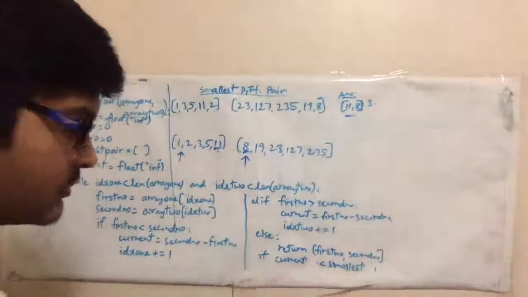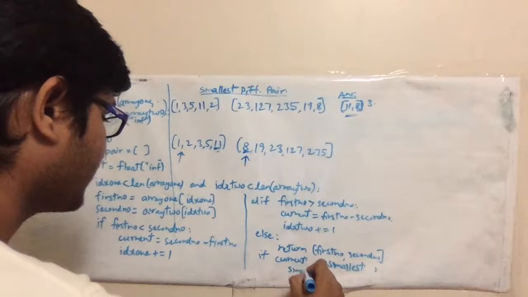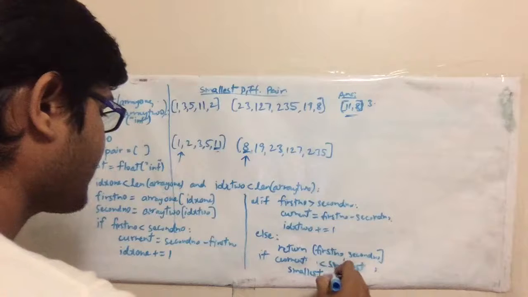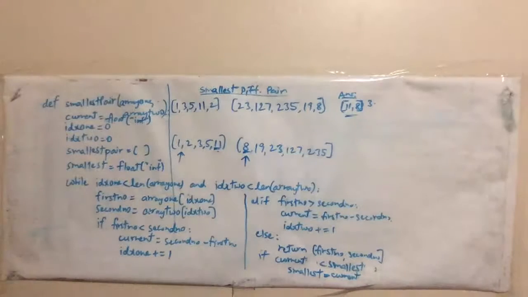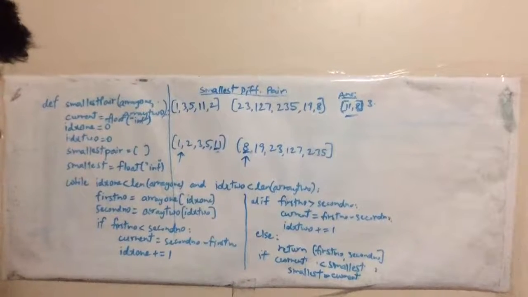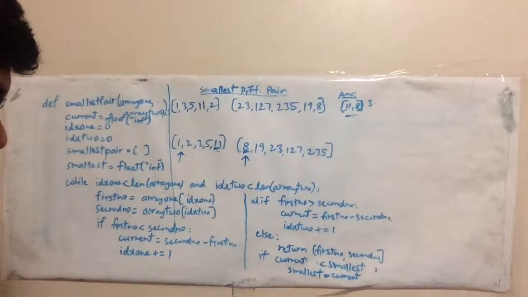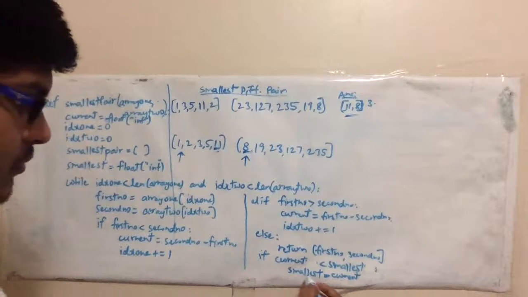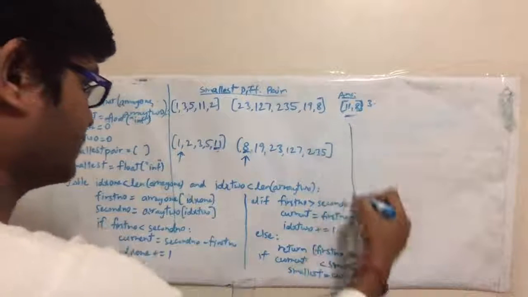In that case, we just update the smallest to the current. And we need to update the smallest pair too.